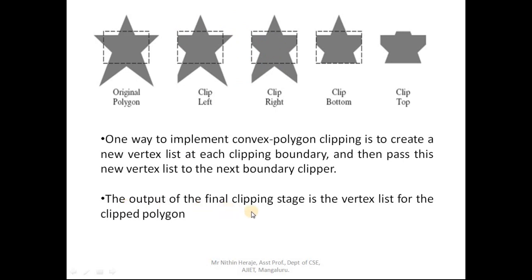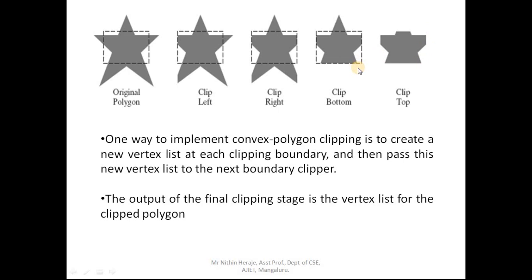The last one: the output of the final clipping stage is the vertex list for the clipped polygon. Say this is your final polygon. The new vertex list will be these: 1, 2, 3, 4, 5, 6, 7, 8, 9, 10, 11, and 12.